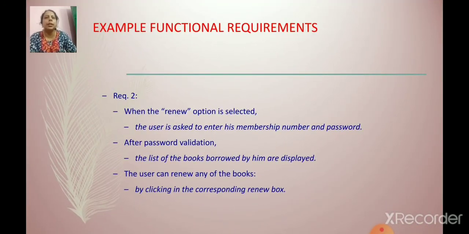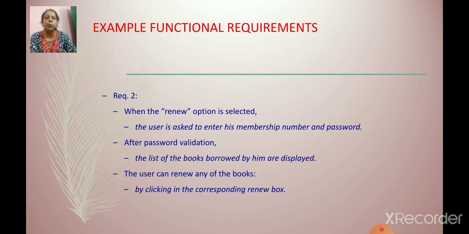Here is another example, requirement 2. When the renew option is selected, if the user wants to renew a book, the user is asked to enter his membership number and password, and after password validation, the list of the books borrowed by him is displayed. The user can renew any of the books by clicking the corresponding renew button.